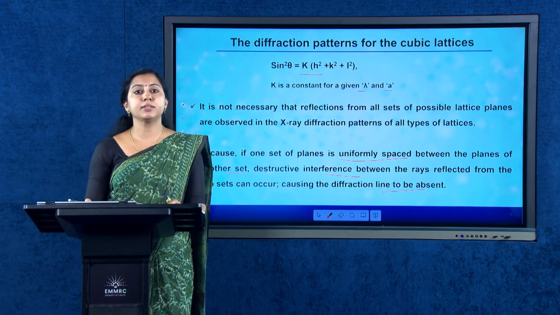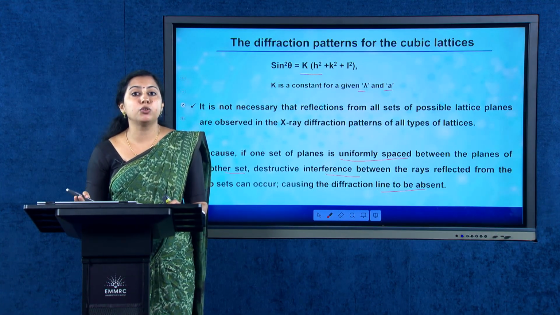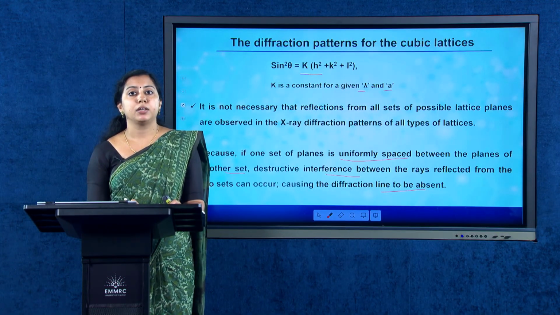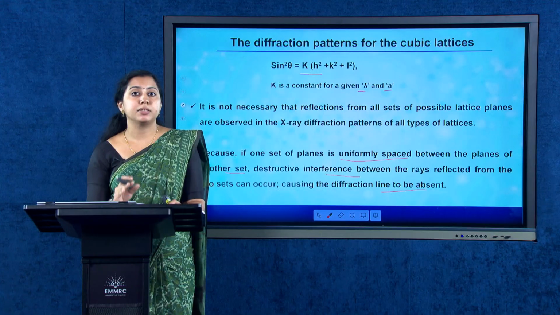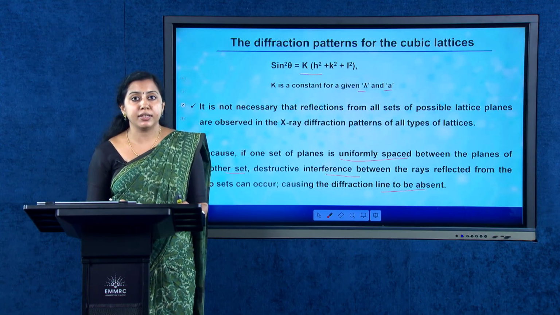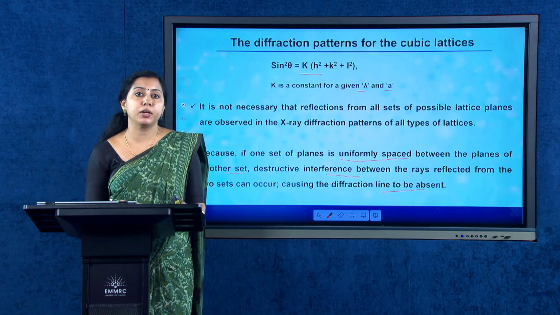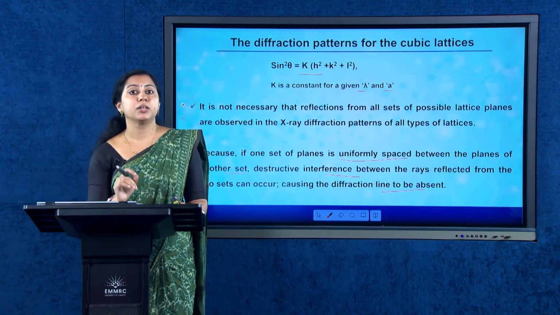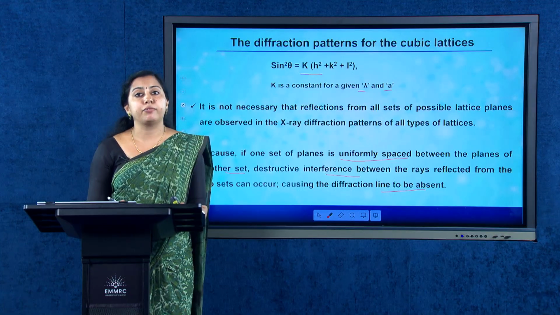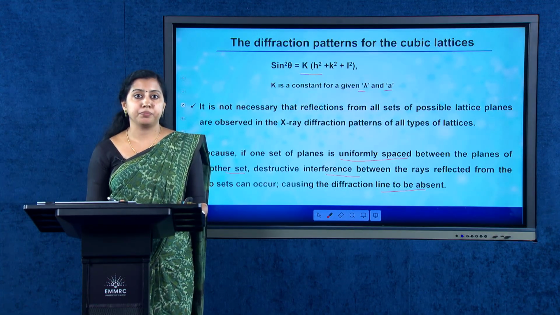This is because if one set of planes is uniformly spaced between the planes of another set, the reflections from such planes will be out of phase or they cancel out each other, resulting in destructive interference. And when such destructive interference occurs, that causes the diffraction line to be absent.